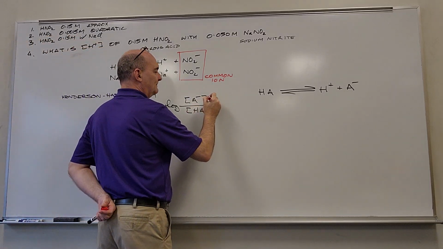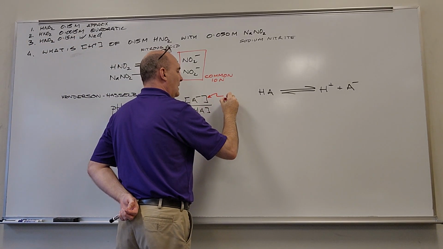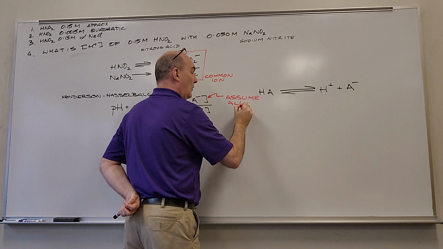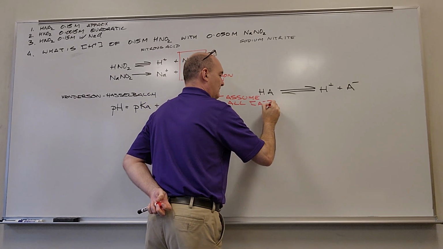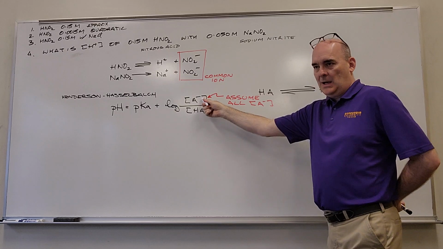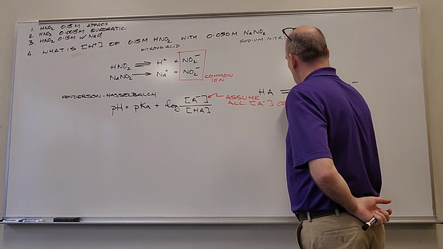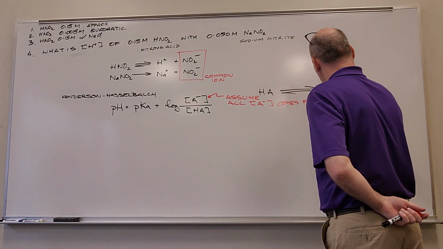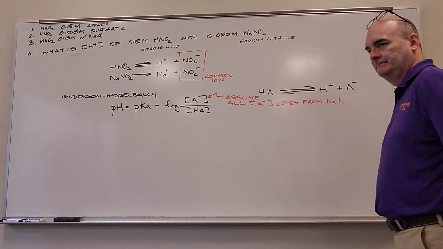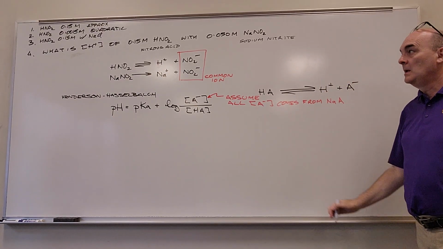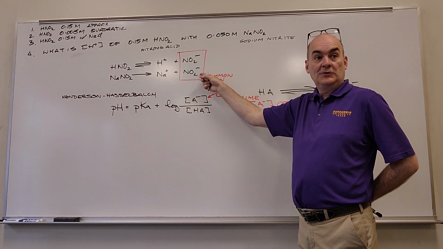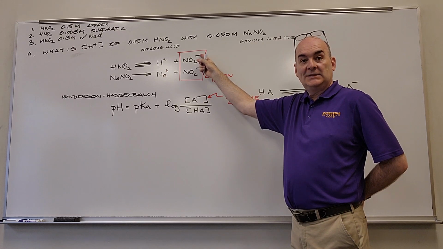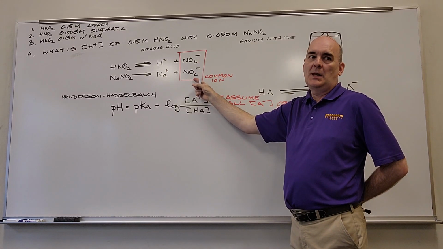We're going to make two assumptions. First of all, I'm going to assume that all the anion comes from the strong electrolyte. There are two things putting nitrite into solution. One of them is from a very small weak acid equilibrium, and the other one is from a strong electrolyte.